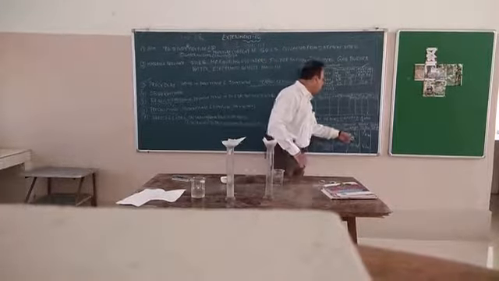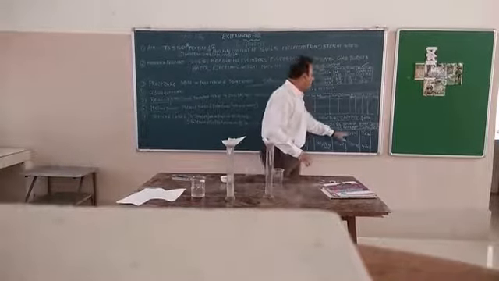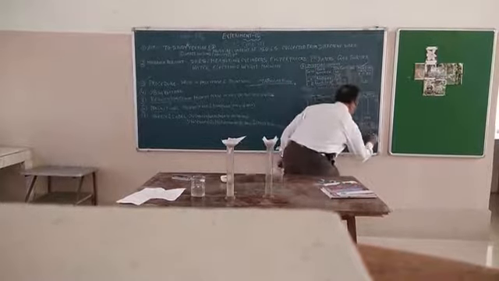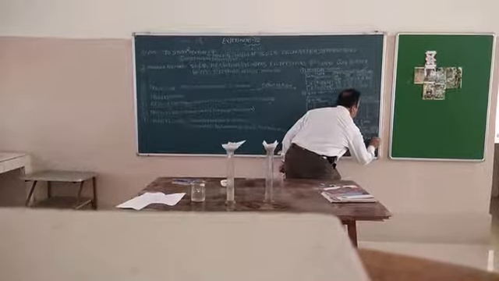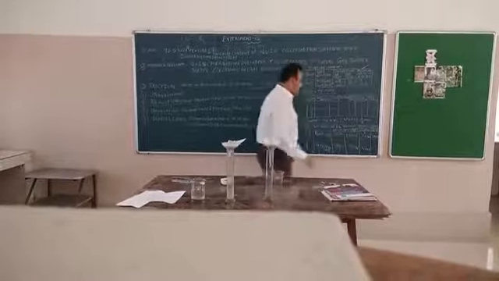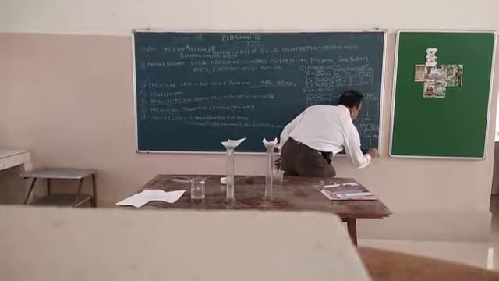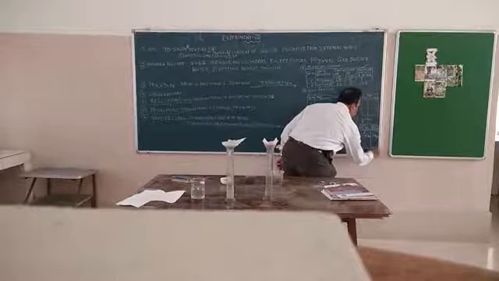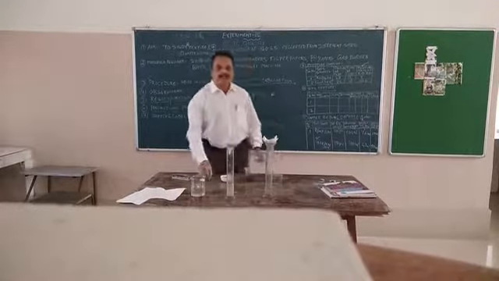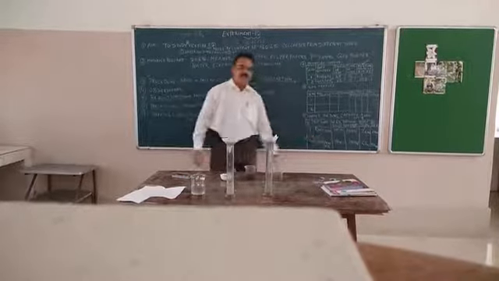That means the water retained by the roadside soil is 100 minus 72, 28 ml only, and 58 ml of water is retained by the garden soil. Hence, which one is best for vegetation, plantation, cultivation? It is the garden soil.